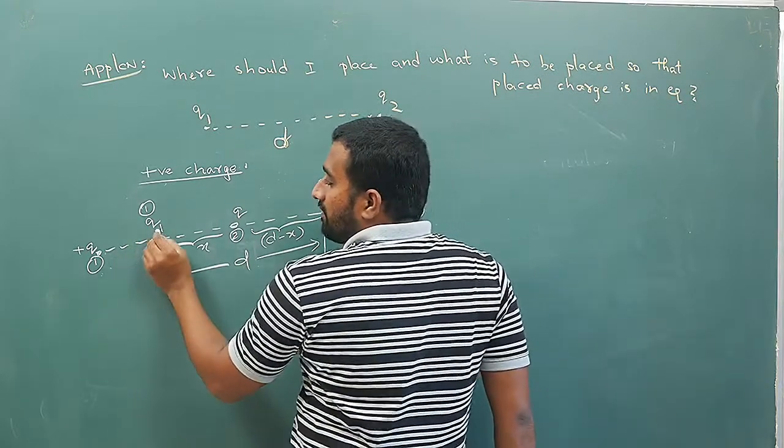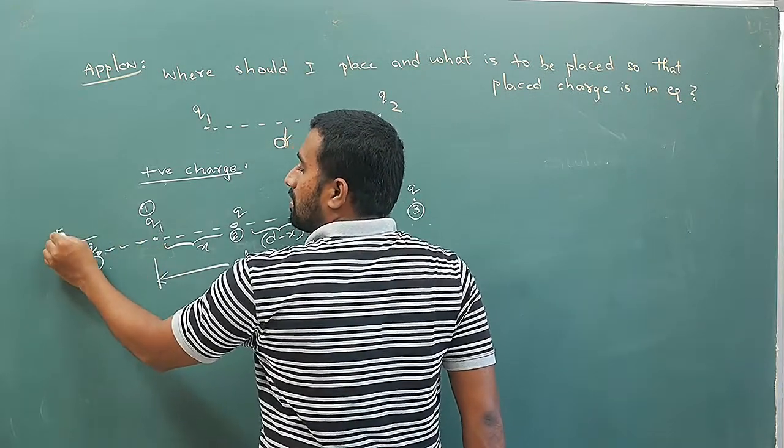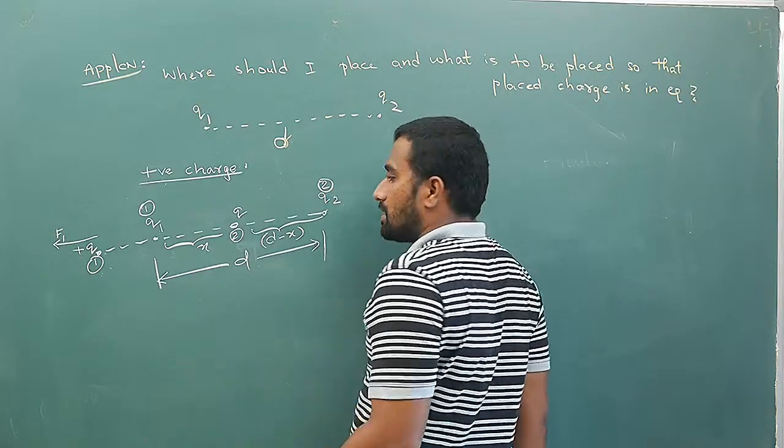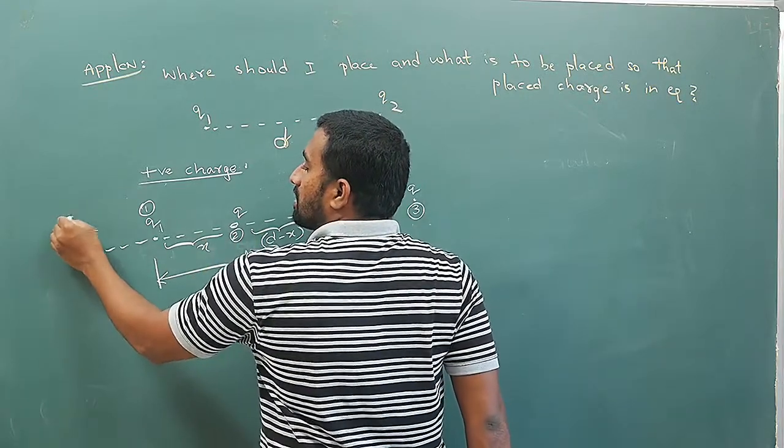So at the left end, because of Q1 your force F1 is towards left, repulsion. Because of Q2 also there is repulsion.